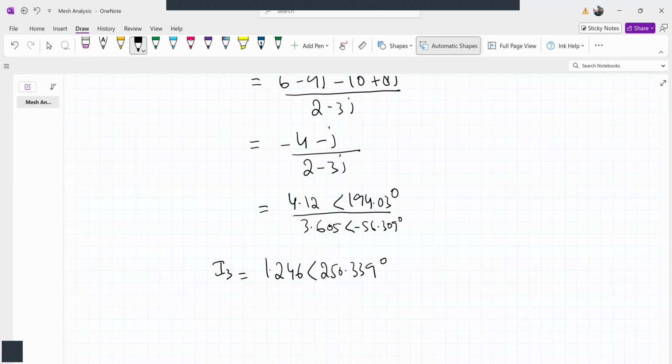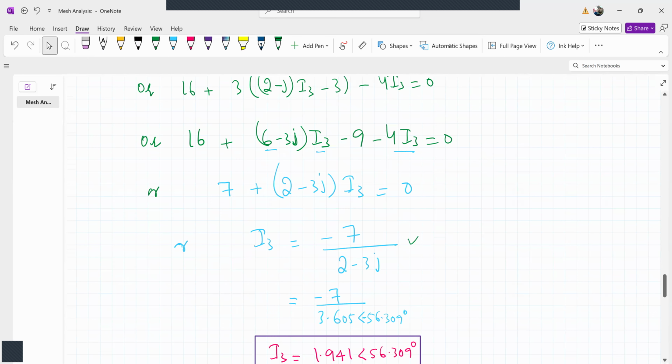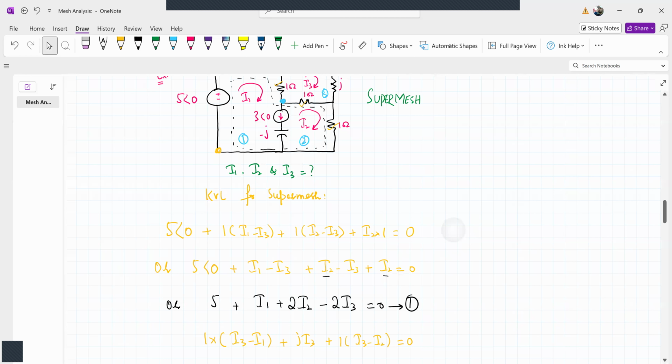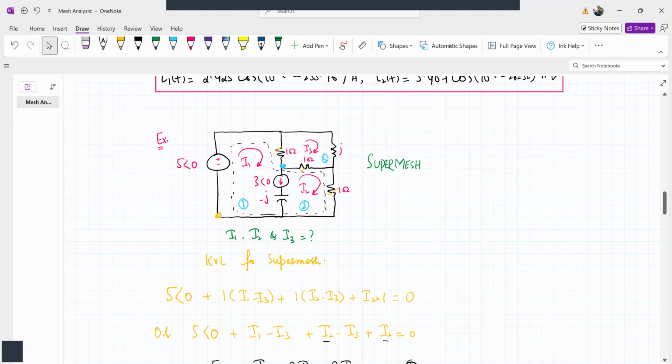So this is the phasor current I1. What we needed to do in this problem was find the mesh currents I1, I2, and I3, phasor currents this time. Okay.